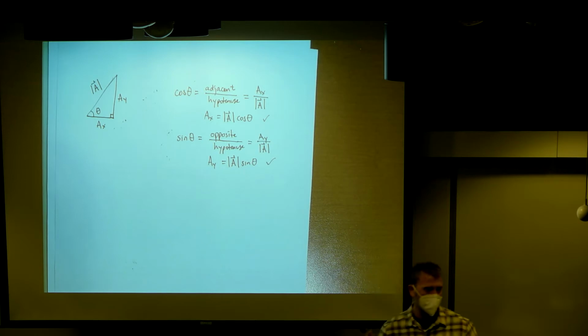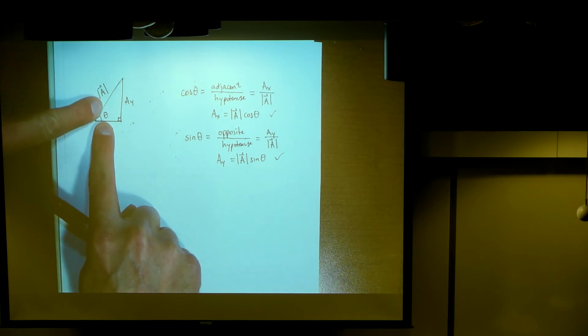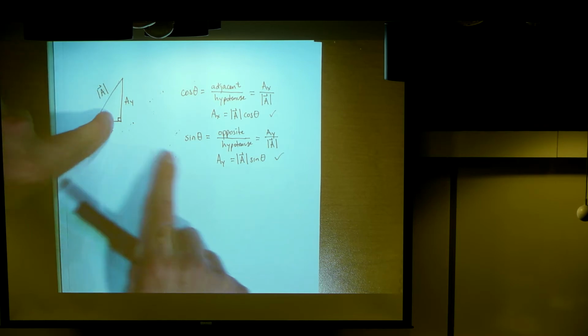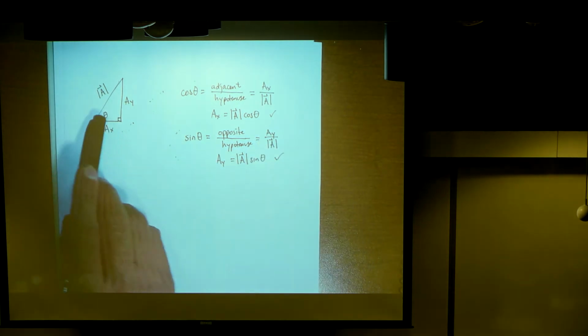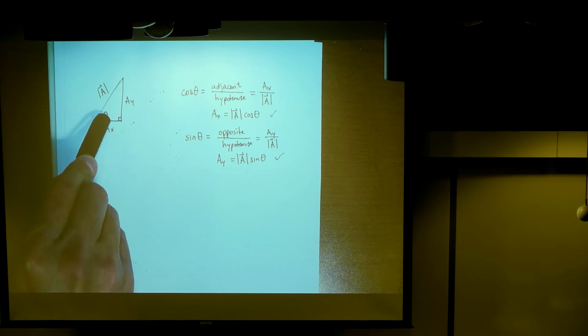Now, one really important thing to note. This only works if we're using this angle theta right here, in other words, the angle off the x-axis. If we're not using this angle, this all breaks down. So if you're going to use these formulas, make sure you have the angle off the x-axis and not something else.